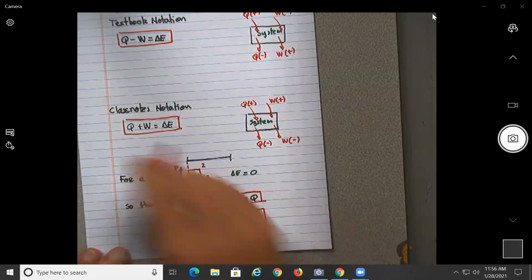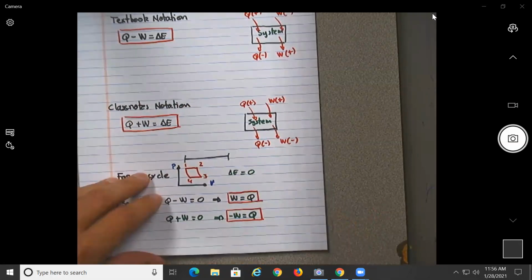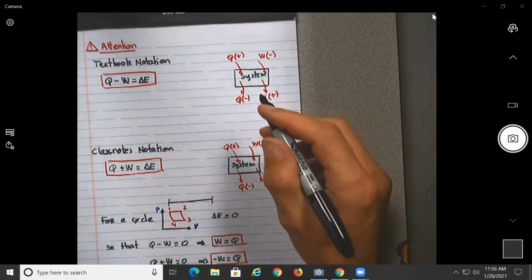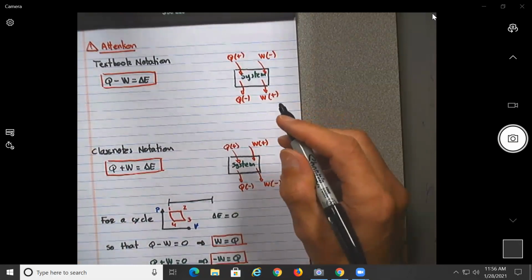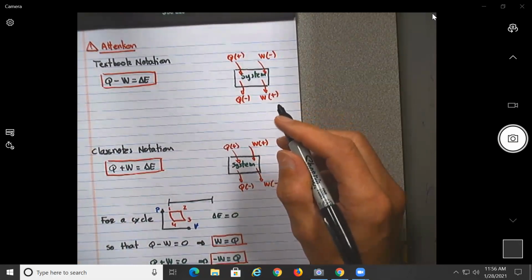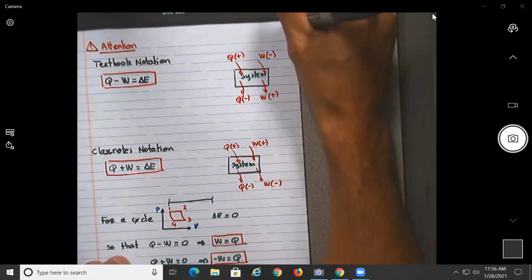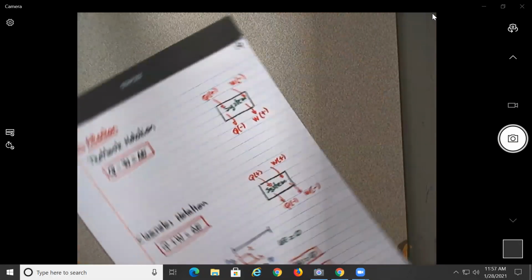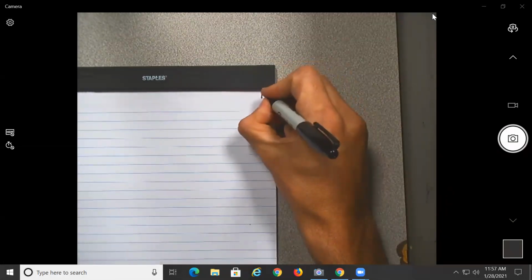Okay. So now I'm just going to write down, this should be page 14, I guess, page 15.